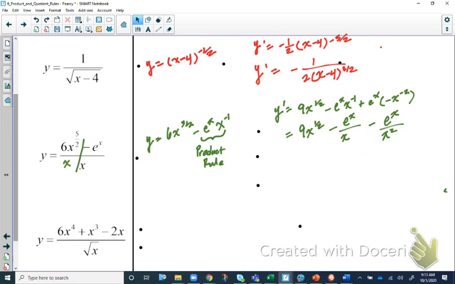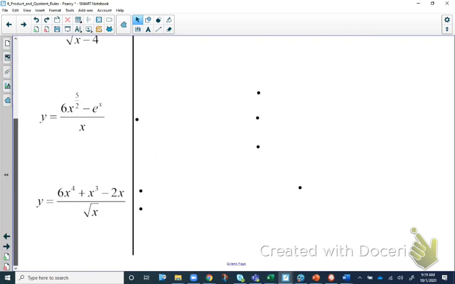So let's take a look at the last one. Let me clear this off so I can move my screen down. And here, the last one, if I rewrite it, I'm going to look at the square root of x as x to the 1/2 power. So that way I can simplify it with the x terms that are in the numerator.